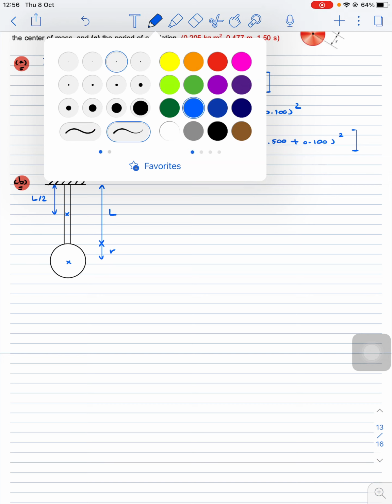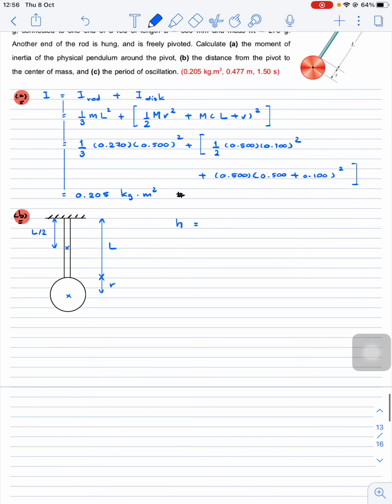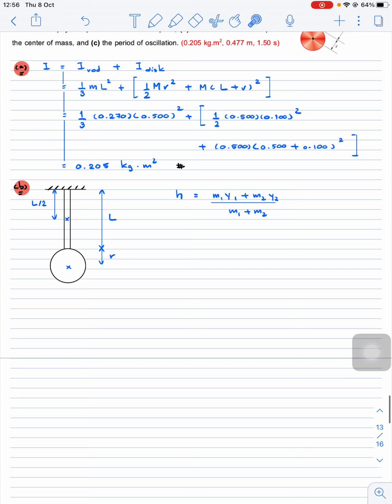So which equation should we use? Let's say that H is the center of mass of the whole system, equal to, from the equation, m1 y1 plus m2 y2, over m1 plus m2. Let's make number 1 the rod and number 2 the disk.